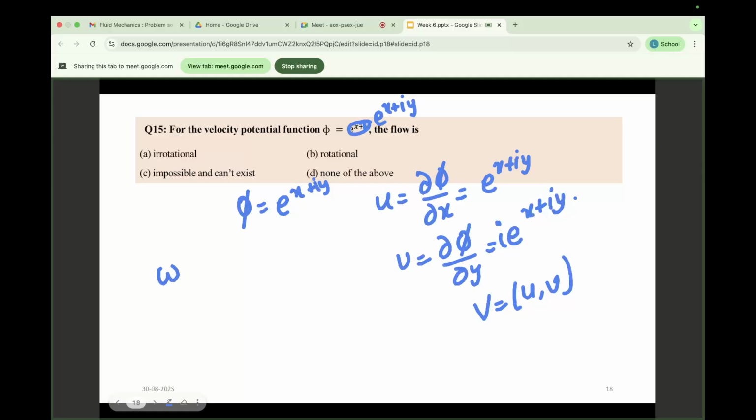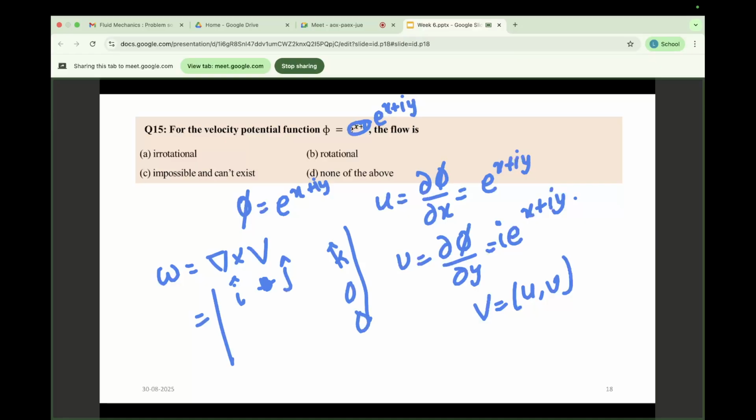Again, omega: what is omega? Omega is the curl of the velocity vector. So I can write i cap, j cap, k cap, right? It is in two dimensions, so the i and j components should be 0, and here I can write the derivative with respect to x and with respect to y. u is e to the power x plus iy, and v is i e to the power x plus iy, right?